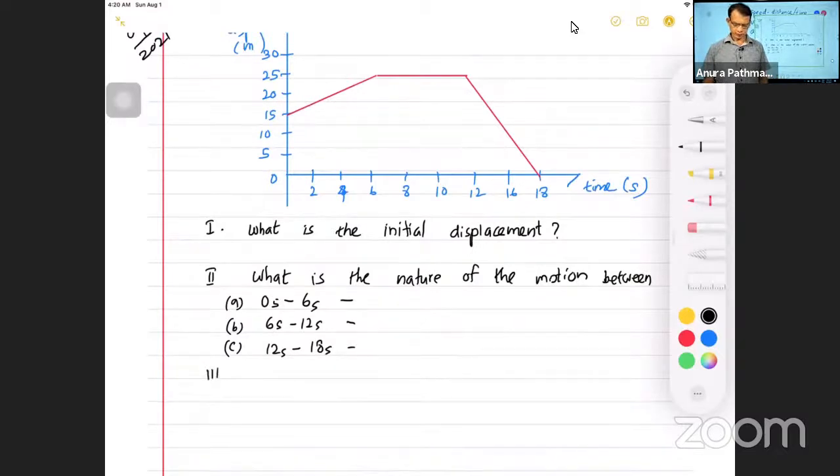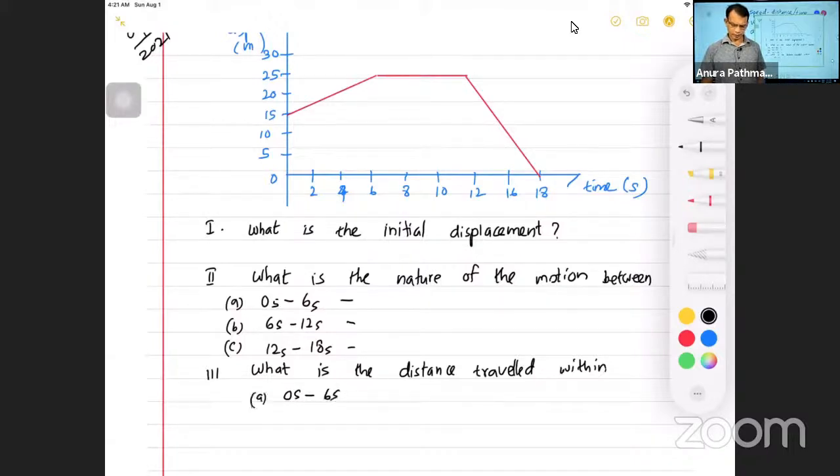Third question. What is the distance traveled within 0 second to 6 second?